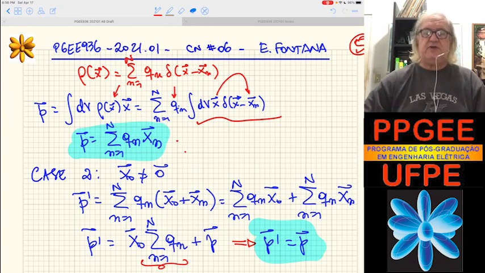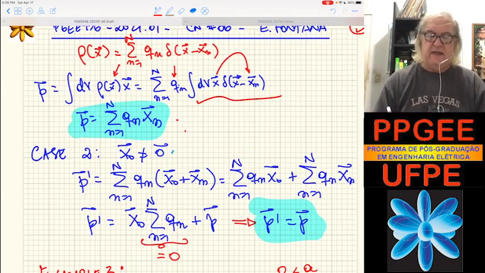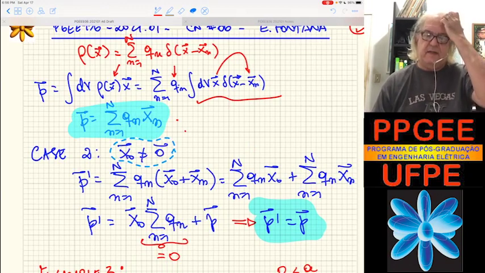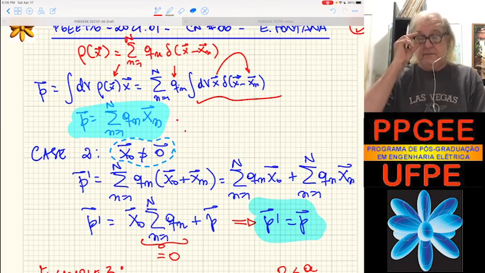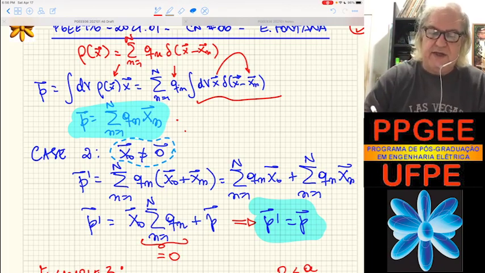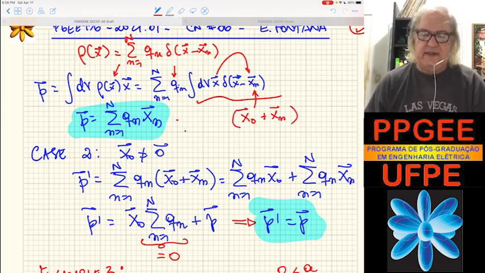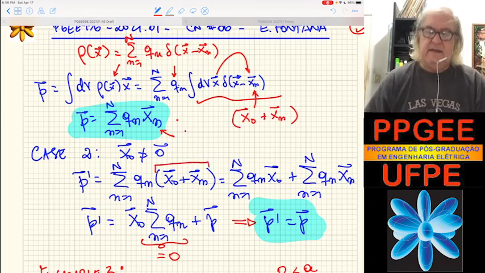Well, let's now assume that we have displaced the origin of the system. So x0 is not 0. Now here we have to change to x0 plus xn. So instead of xn here, we are going to have now this vector.